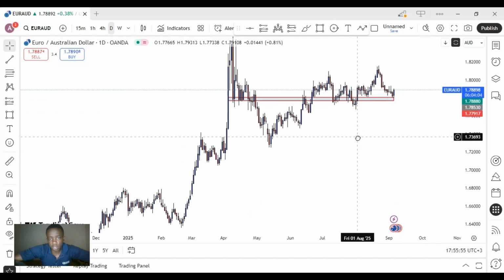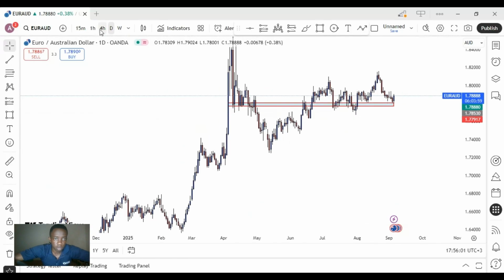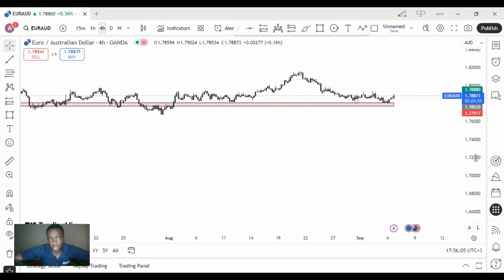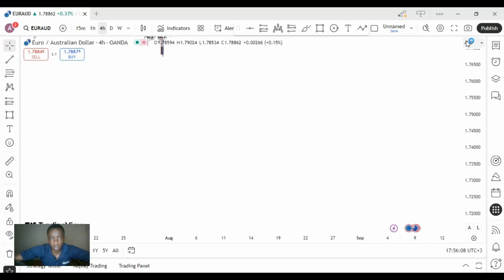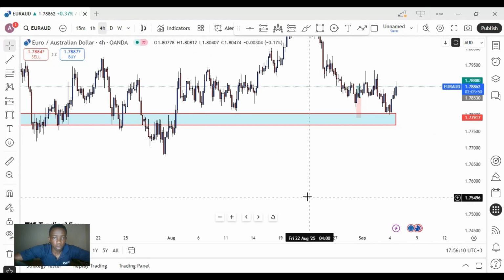The trend is still to the upside. So if the trend is to the upside, that tells us we should be looking for more buys.